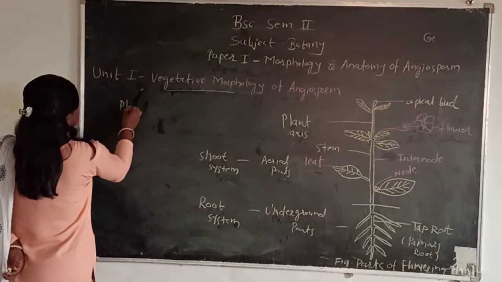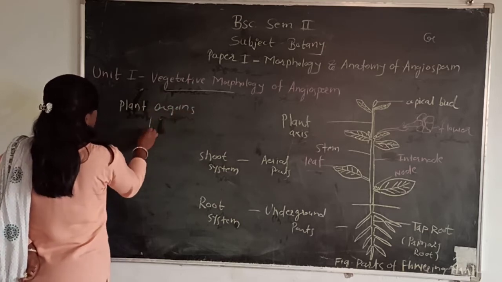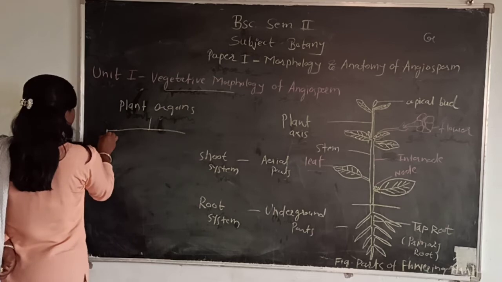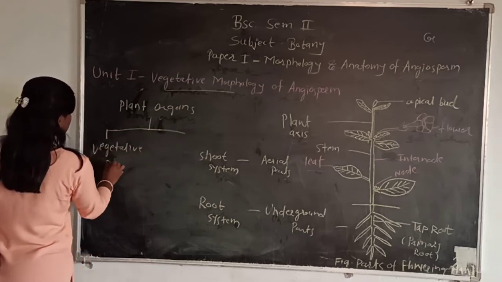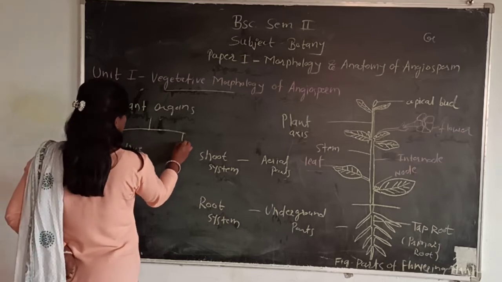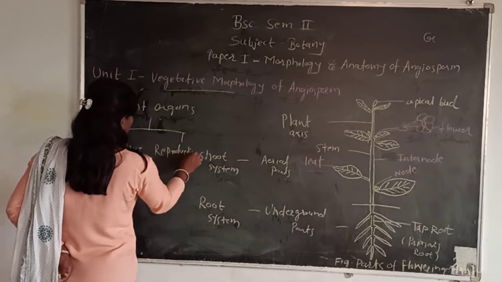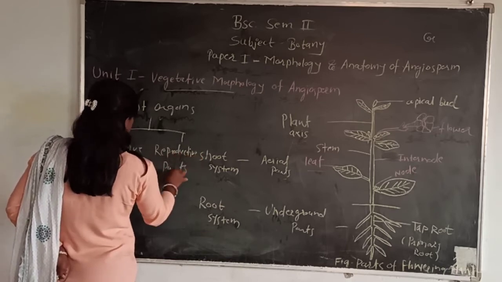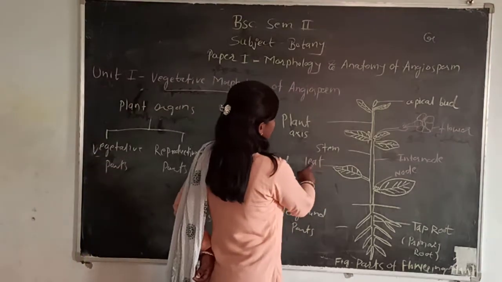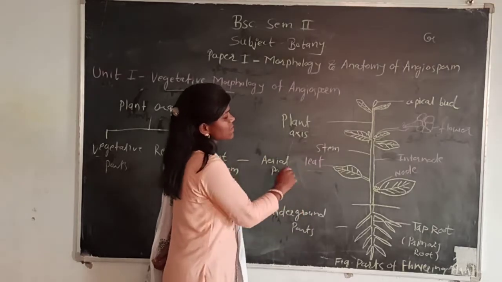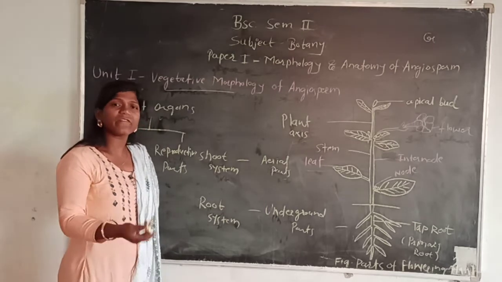Plant organs are divided into two parts: first the vegetative parts, and second the reproductive parts. So what are the vegetative parts? The leaf, root and stem. These are called the vegetative parts.